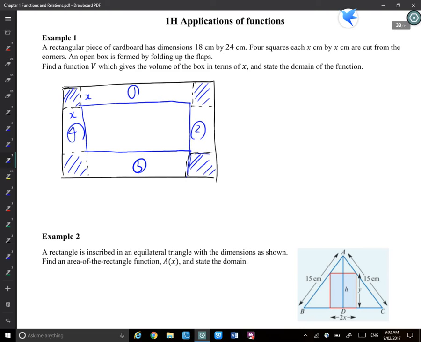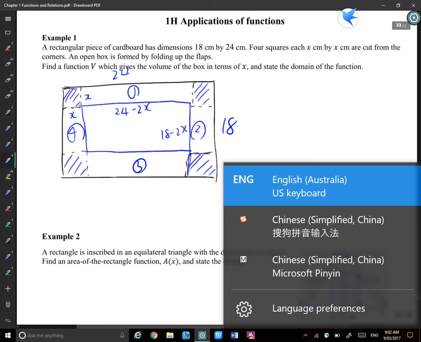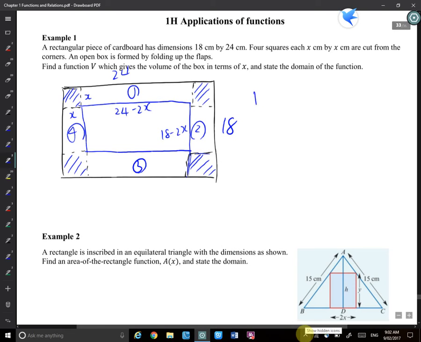So what is my base? This is 24 times 18. So the base will be 24 minus 2x and 18 minus 2x. So the volume will equal base times height.